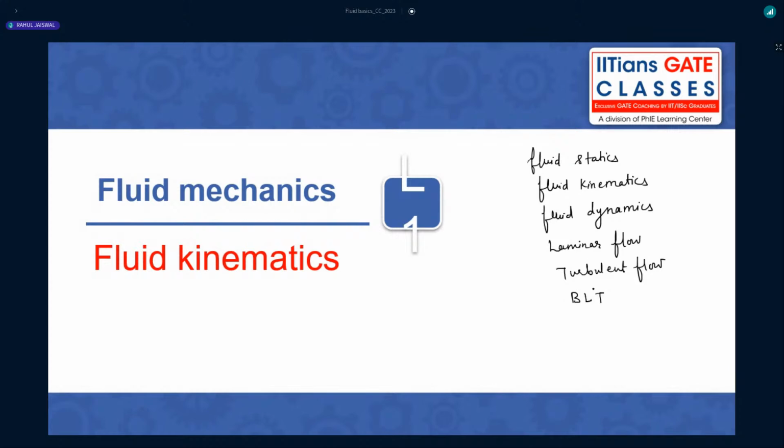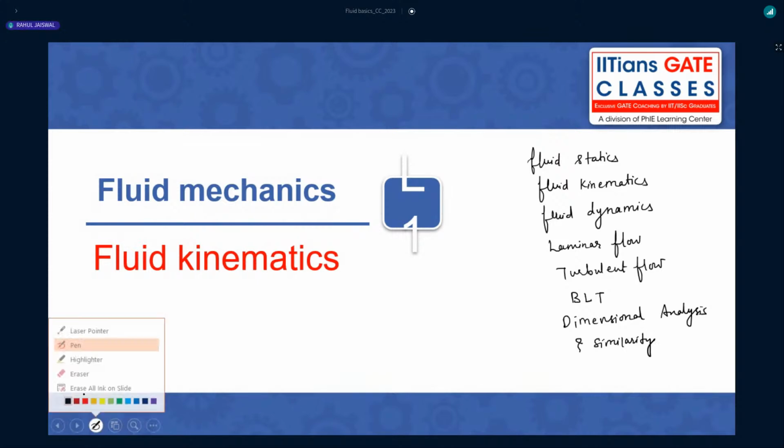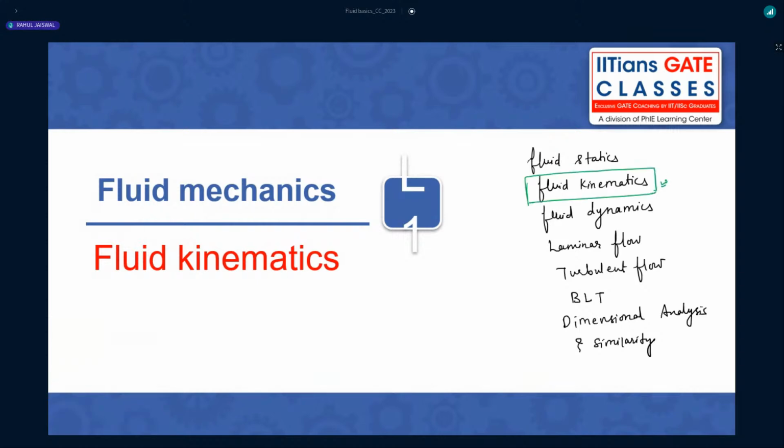So those are the major topics that we are going to cover. In today's session, we are going to cover most of our time on fluid kinematics.